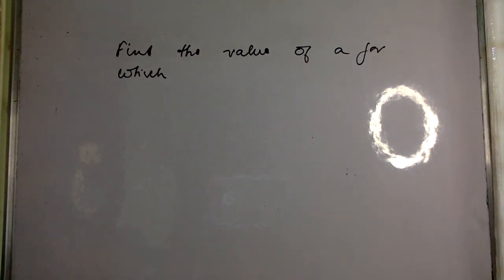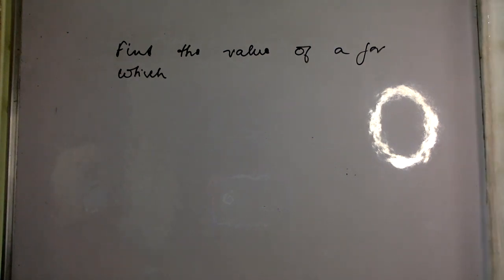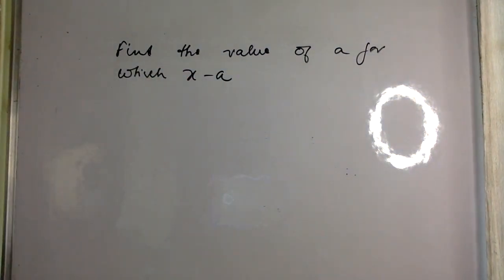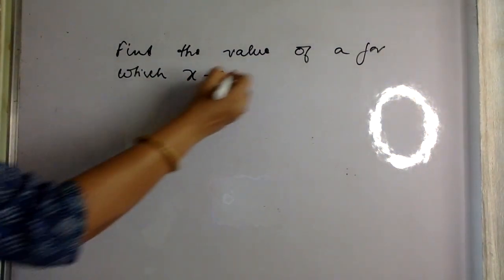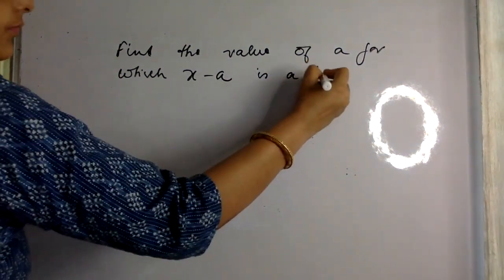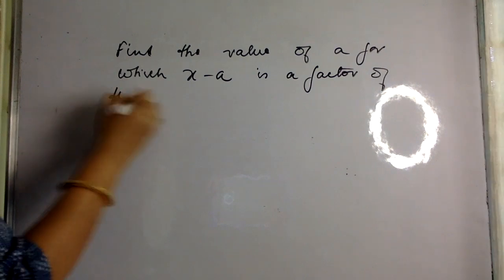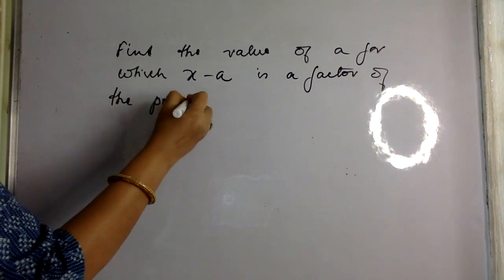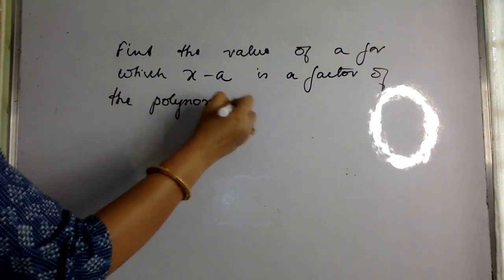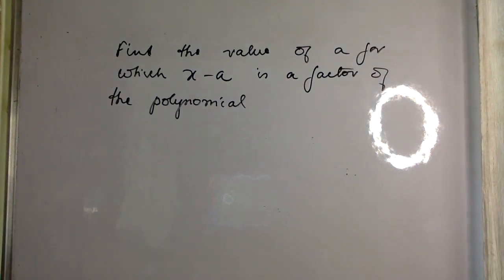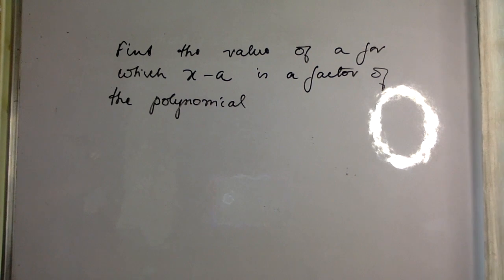So find the value of a for which x minus a is a factor of the polynomial. Now what is the polynomial?